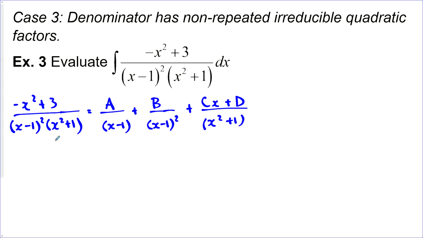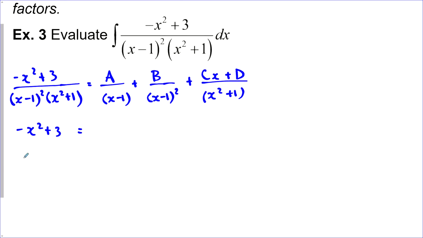And now we do just like we did before. Multiply by this common denominator to get rid of it all, and then collect up the like terms, solve for a, b, c, and d. So I won't show the multiplying this time because you know what I'm doing by this point.